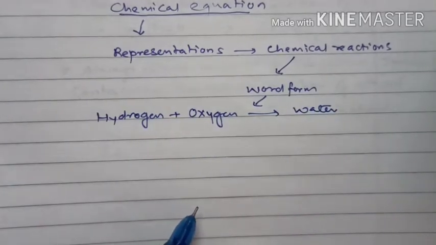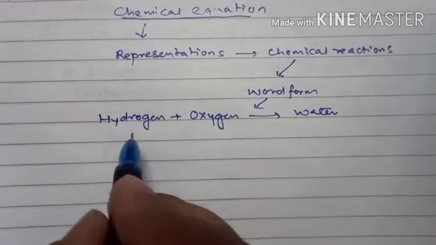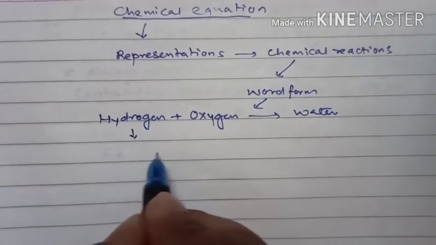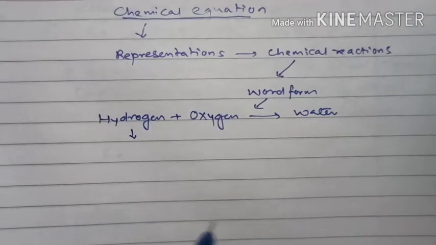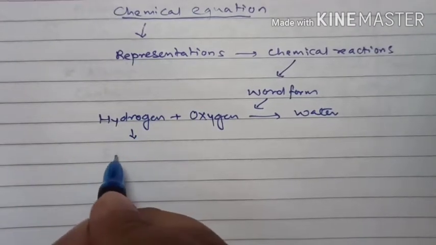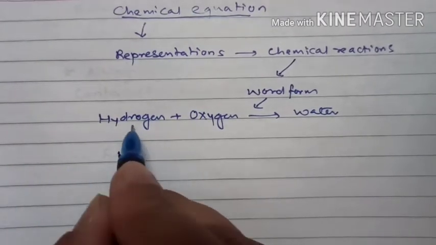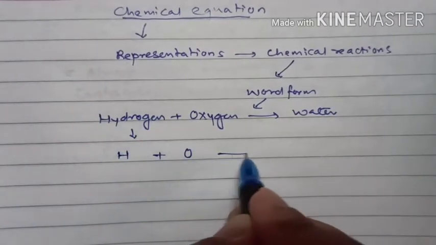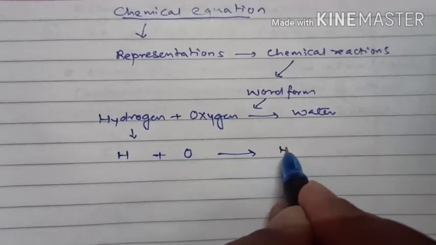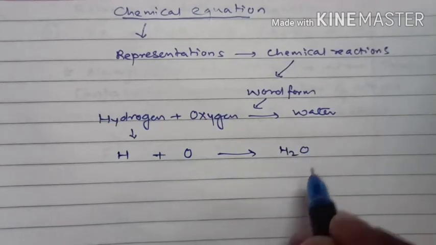Second is a symbolic form. In symbolic form, we will write simply the symbols of the things that are taking part in the chemical reaction. What are the things over here? Over here is hydrogen. Hydrogen is written as capital H. Oxygen, when they combine, they form water, and the formula for water is H2O.